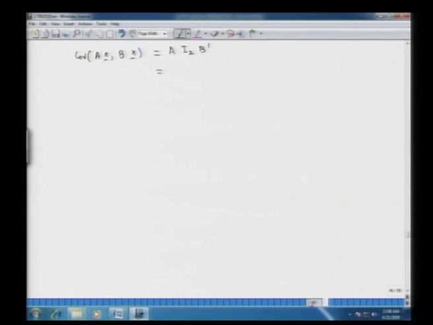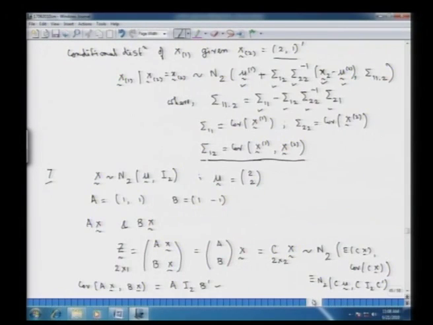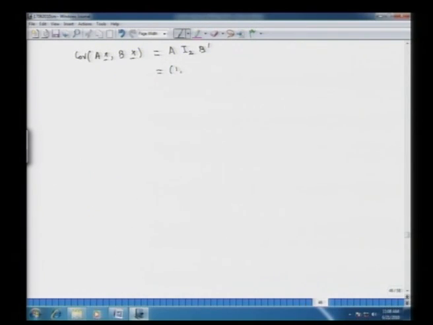Now A was given by what? 1 1, and B was given by 1 minus 1, so we have 1 1, then I2, and then 1 minus 1.